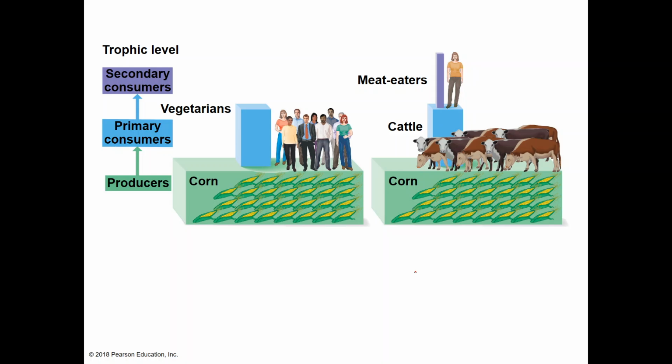So because so much of the trophic matter is lost before it becomes available to the next trophic level, we see that only 10% of the cattle that are eating the corn is available to meat eaters. So again, a field of corn can sustain more vegetarians because only 10% of the energy from the cattle is available to the next trophic level.